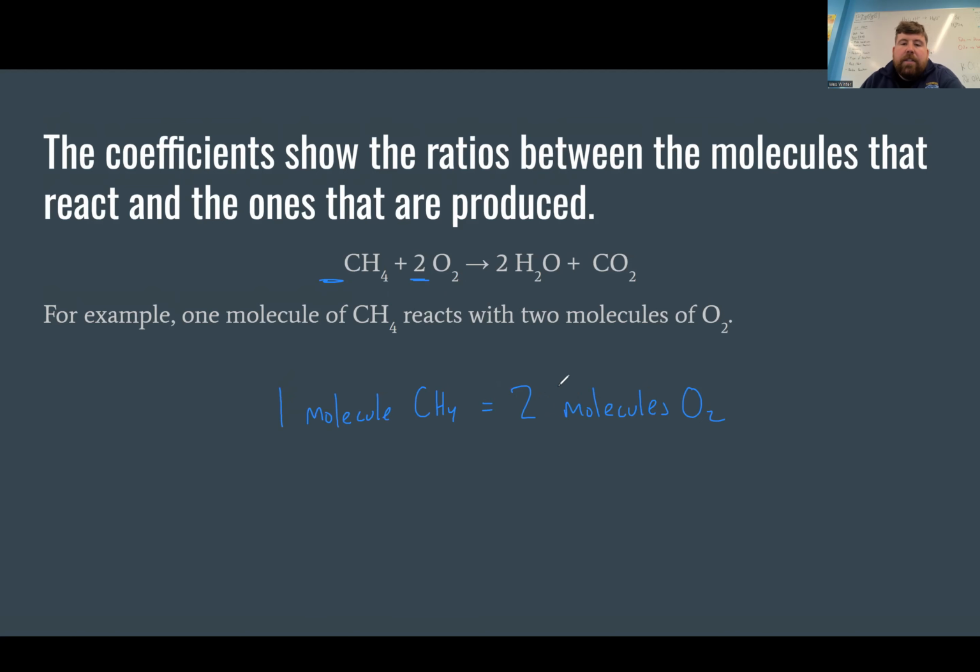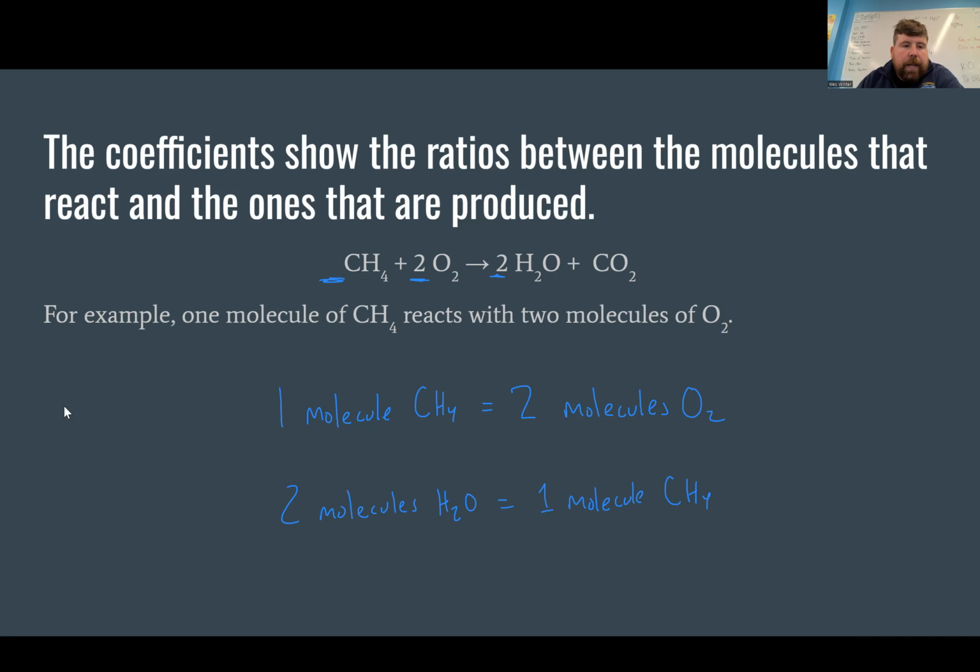And I can relate any two chemicals to each other, right? I can say two molecules of H2O are equal to one molecule of CH4. Where did those numbers come from? They just once again come from the balanced chemical equation.